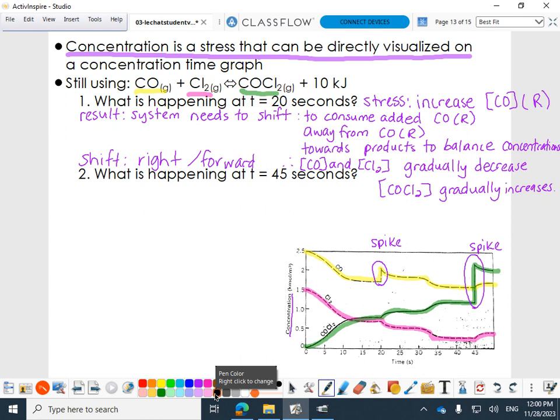So when you have a time, then you're going to check what's happening at that time. So at time 45, what is changing? We have this increase in COCl2, or you can say there's an increase in the product. Okay, so on the graph, the spike is easy to visualize.